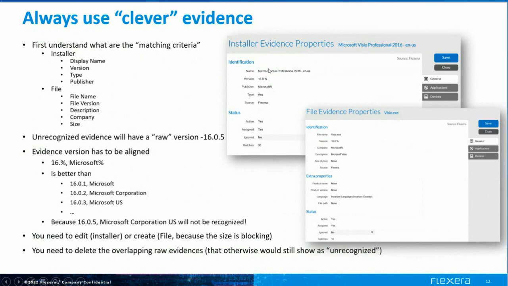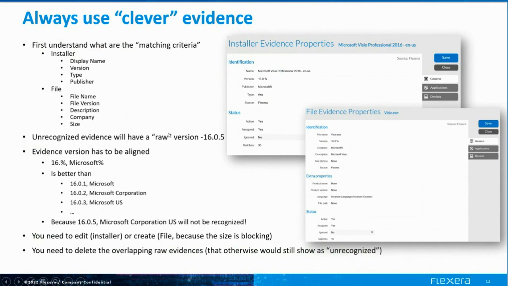I've put screenshots here: this is the identification section, and there is a status. As I said, you could ignore it if you don't like the Flexera evidence, for instance. On the file evidence, you see that there is this additional size component. The description is used, the file name, and the file version.